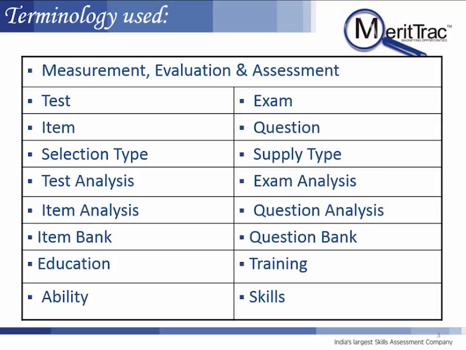Then comes your item analysis. Now, as these are all selection type items, which essentially means there would be various options, alternatives at the end of which people need to choose from. All these responses would actually be captured, and then we would analyze whether all the options are getting selected by people.